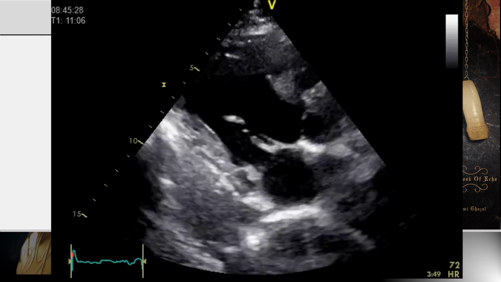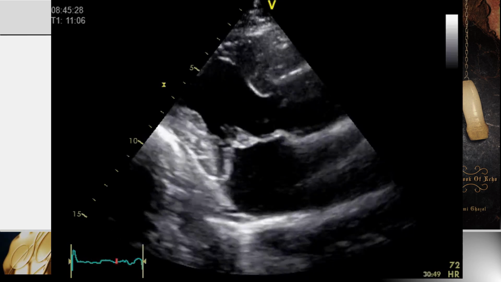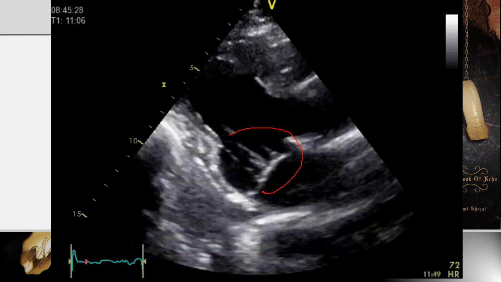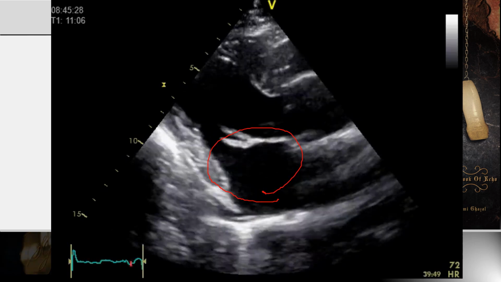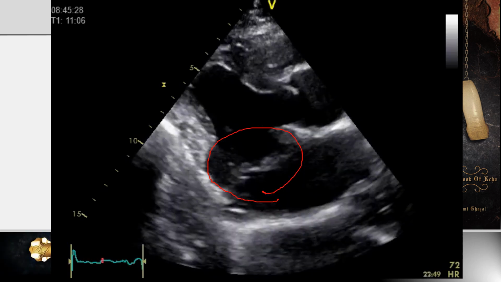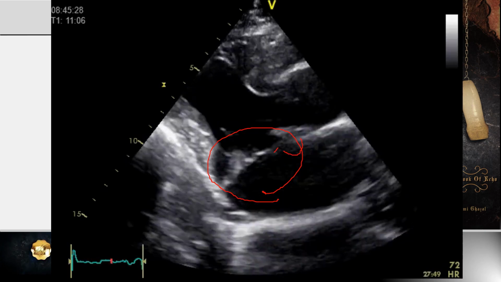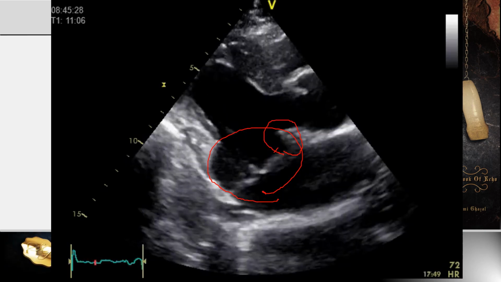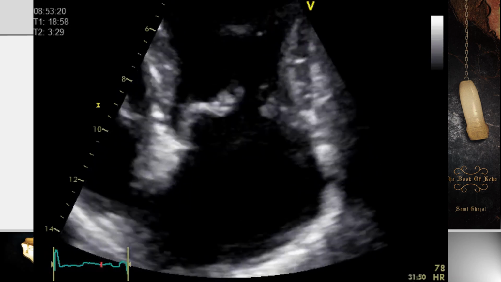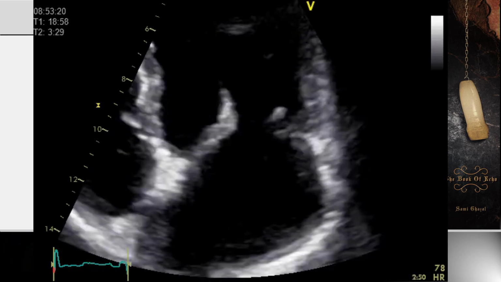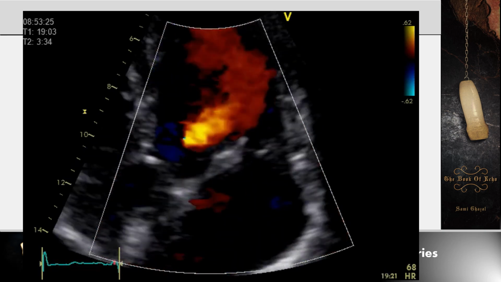So let's see this example. You can see here a myxomatous mitral valve with significant bileaflet prolapse with some mitral annular disjunction. Same thing here as well. This is with the color.